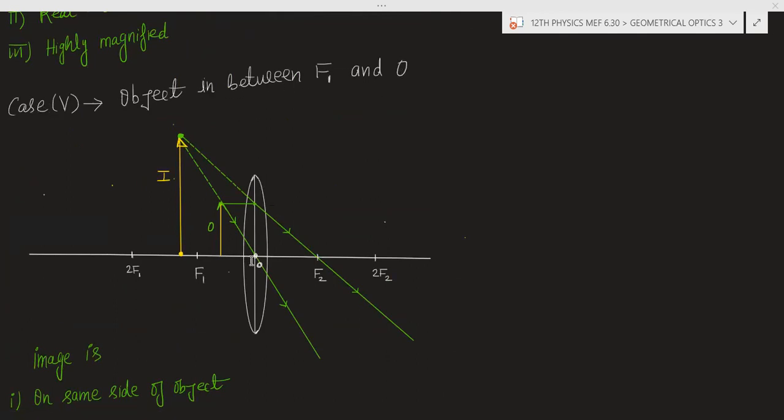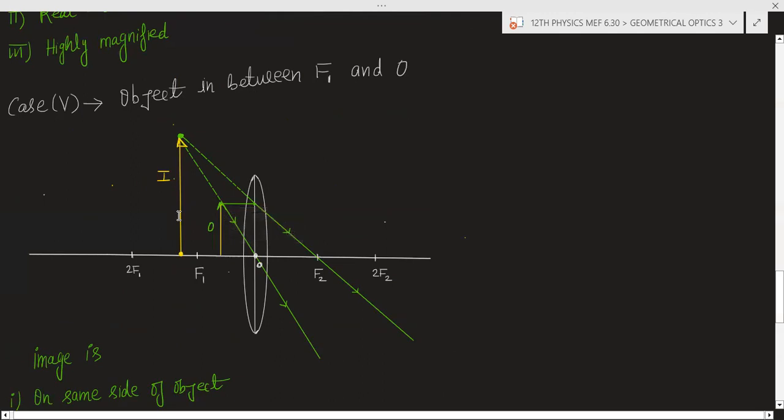When you place the object between the optical center and F1, you get a virtual image, and that is on the same side as the object.